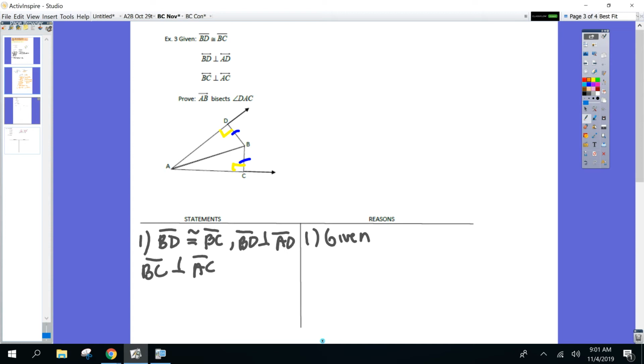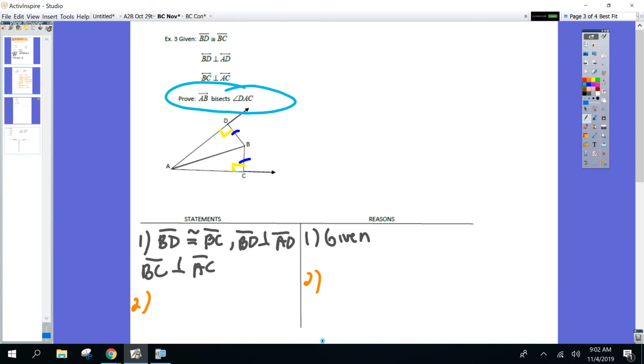All right. I'll give you guys another couple seconds here so we can talk about the proof statement. Little different than before. How am I going to do that? So our job is to prove AB bisects DAC. All right, ready?